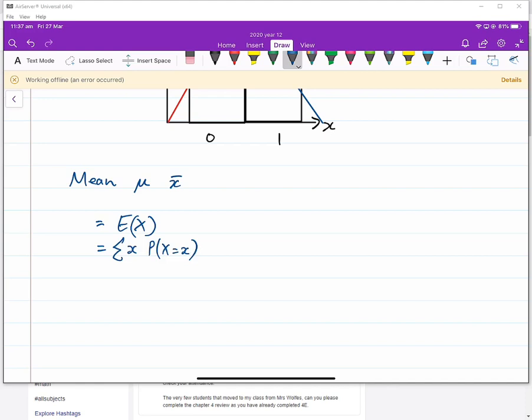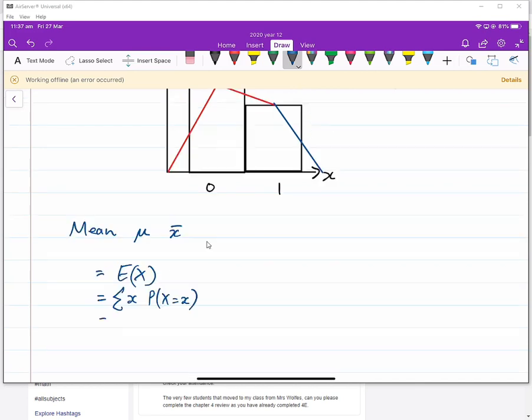That's how we worked out the mean from one of these. We could do it in a table or a picture, but the sum of them, so x is 0, times the probability of that, which is the probability of failure, and then plus 1 times the probability of success.